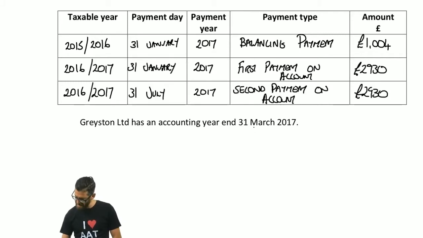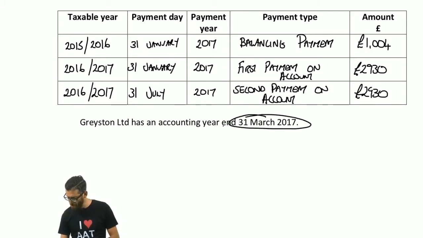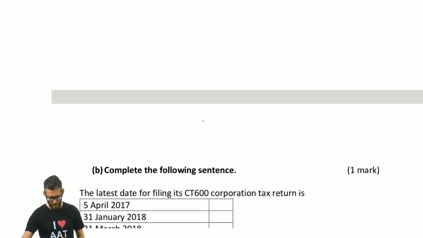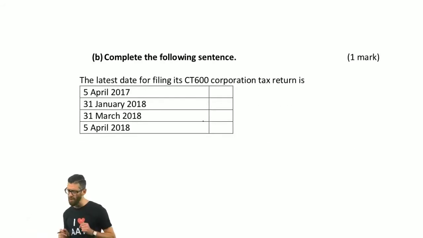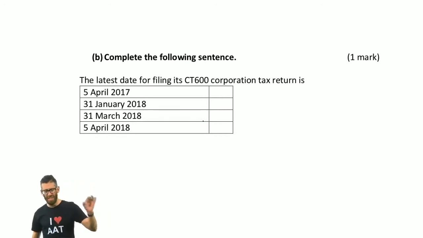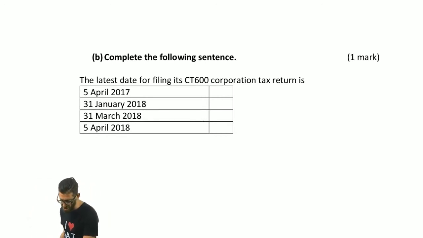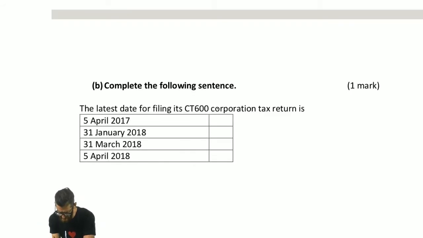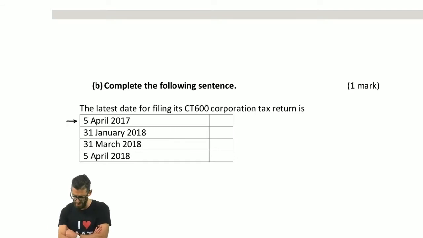Greyston Limited has an accounting year end of the 31st of March, which is kind of in line with the way in which companies will operate for tax purposes. Complete the following sentence for a single mark. The latest date for filing its CT 600 corporation tax return is within 5 days. Now, that seems a bit harsh considering they are going to have to finalise their accounts.